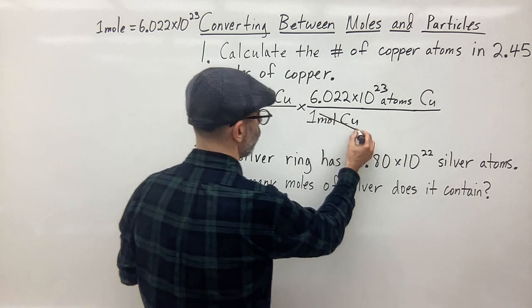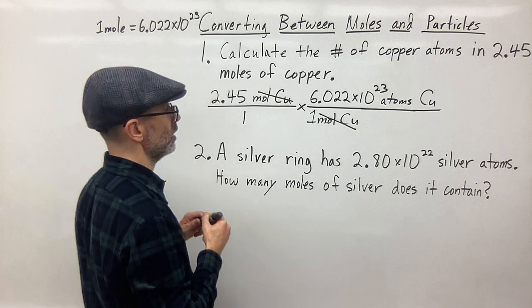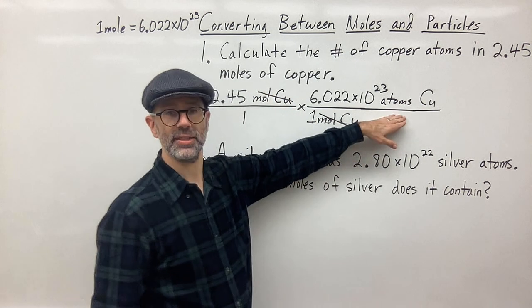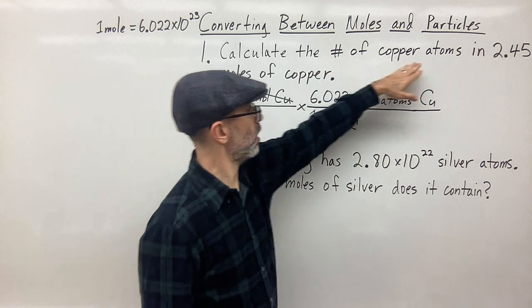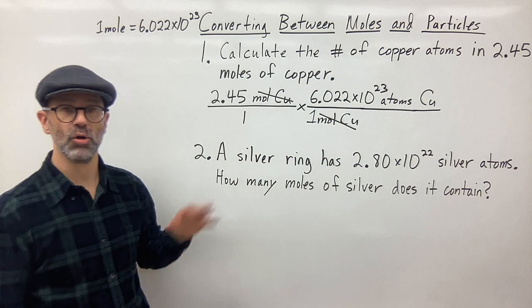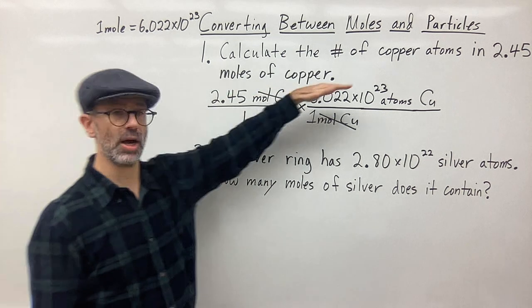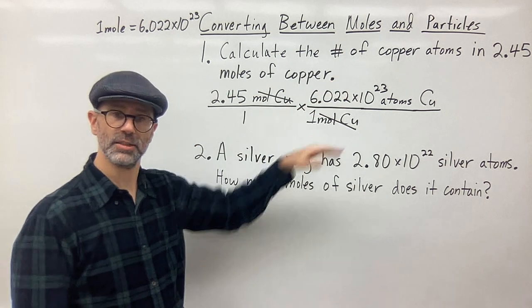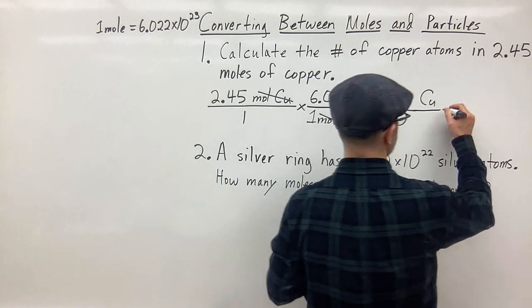So now moles of copper cancels out. I have atoms of copper on the top. That is what they want. So I'm done with the conversion factors. All I need to do is multiply and divide. So I'm going to multiply across the top, divide across the bottom, and I'll get my answer.